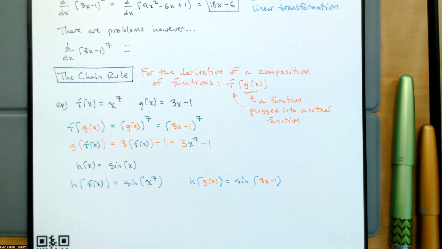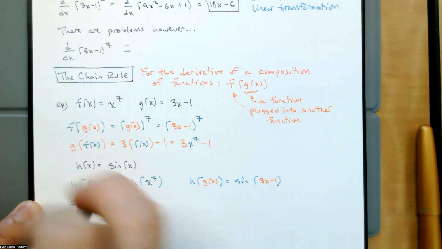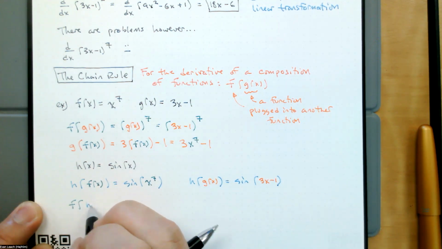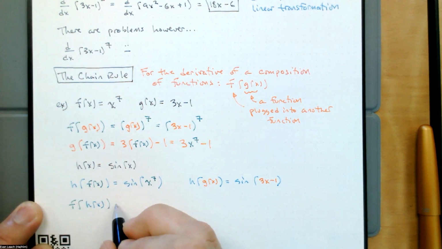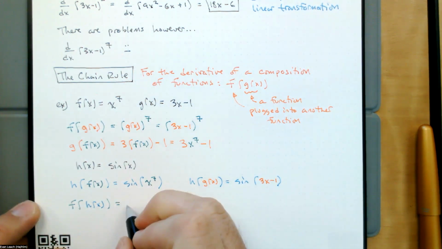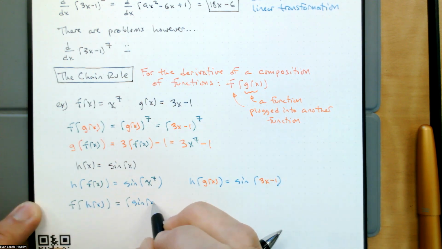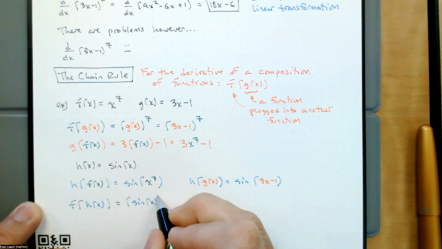Now if we flip these around and do f of h of x? The function f says do the seventh power of the thing. In this case, I would want the seventh power of sine of x. I'd want sine of x to the seventh power.